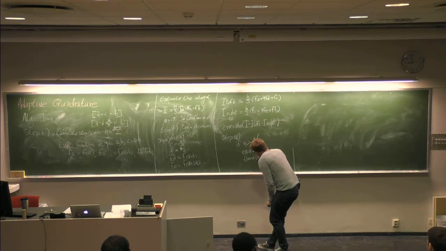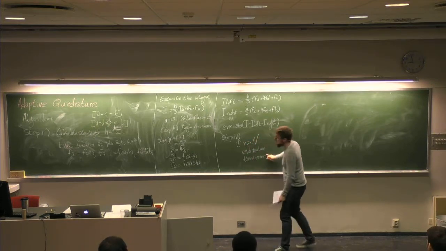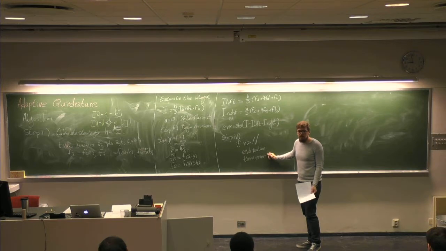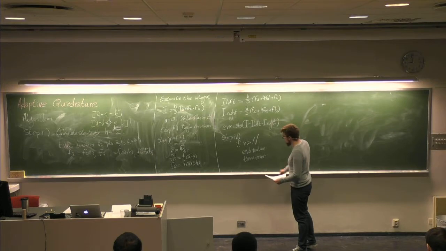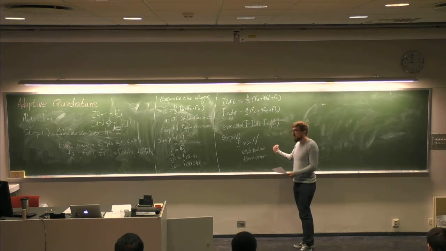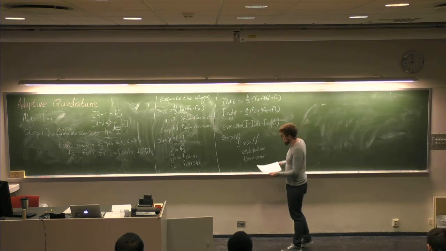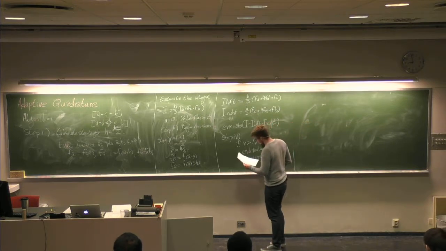Throw error, which basically means that it didn't work. Either the integral doesn't converge, or you're not able to obtain the required tolerance using this method. So you should just stop. Just tell the user that, sorry, I can't do this. Don't give him a number.